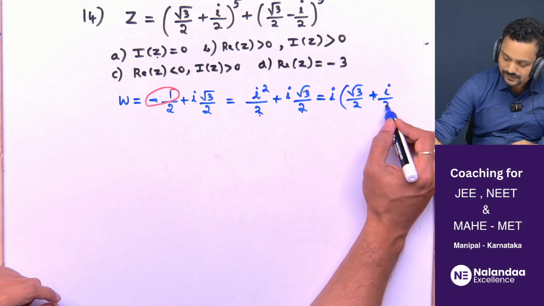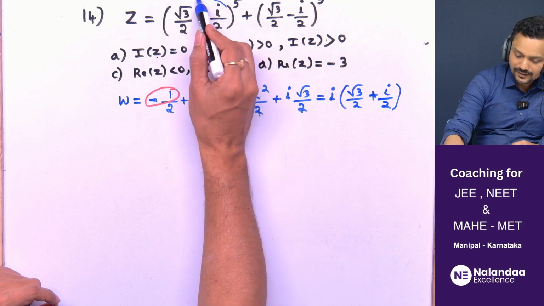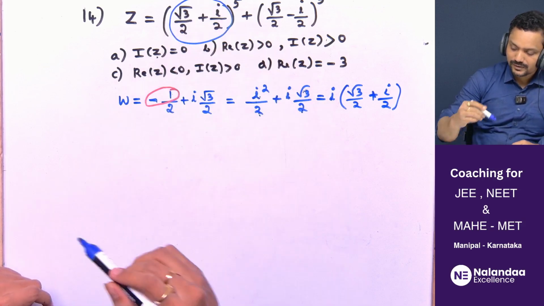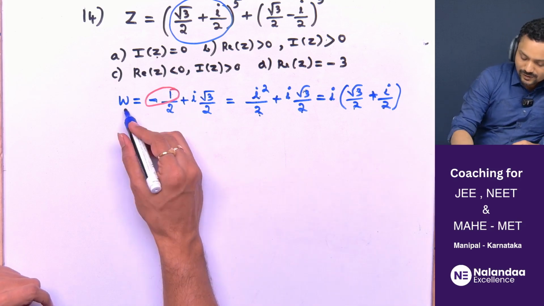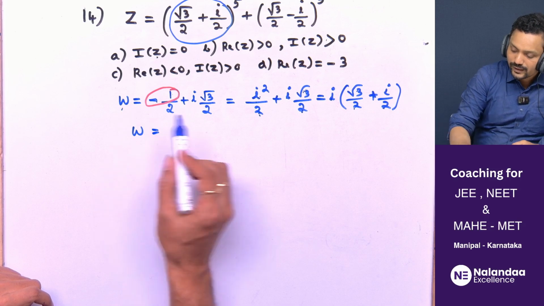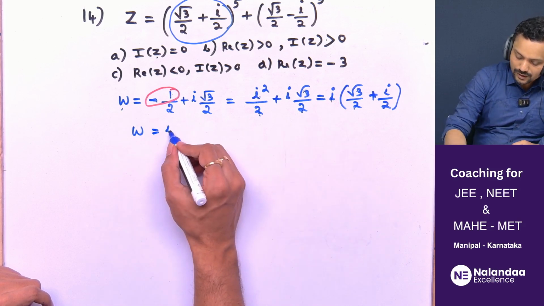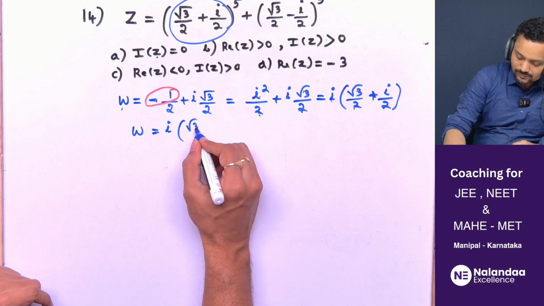So check this, and you are exactly getting the first term here, root 3 by 2 plus i by 2. That means from here I can say omega is equal to i into root 3 by 2 plus i by 2.